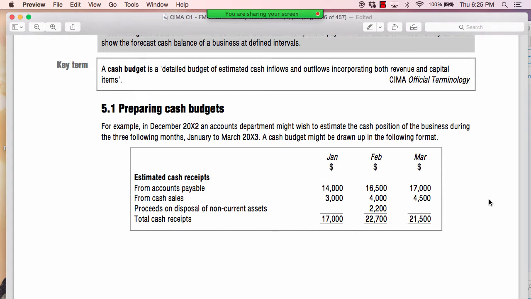Okay, cash budgets really focus on how much cash you have. And how do you know that? By actually bringing in the cash that you will receive at different points in time. So you will look at, okay, I'm going to sell $100,000 worth of items next month. However, I may not receive my 100,000 immediately.